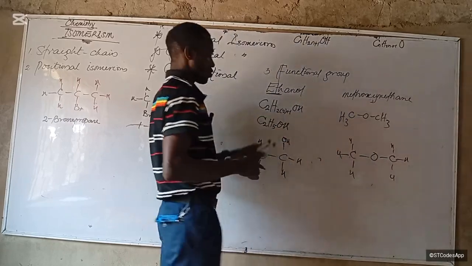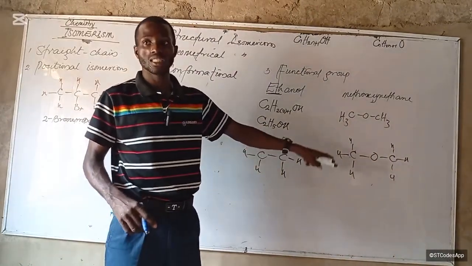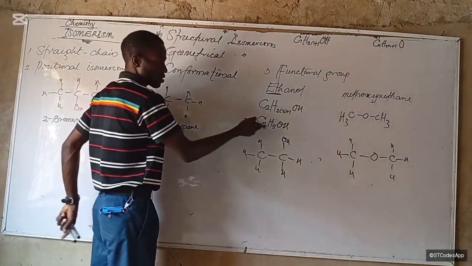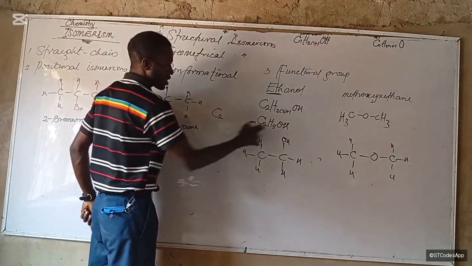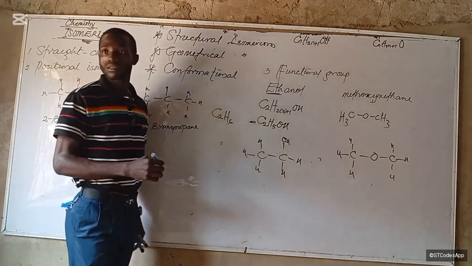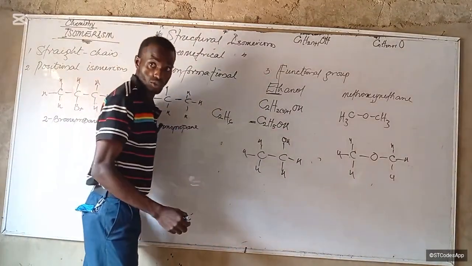But my point is this, look at these structures. Are these structures the same? If you want to write the actual molecular formula of this, how many C's do we have? 2. How many H's do we have? 6, right? 5 plus 1. Do you get it?